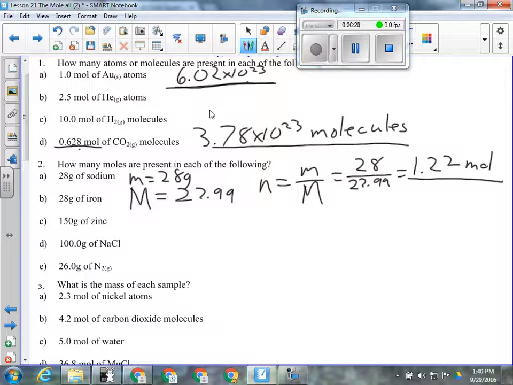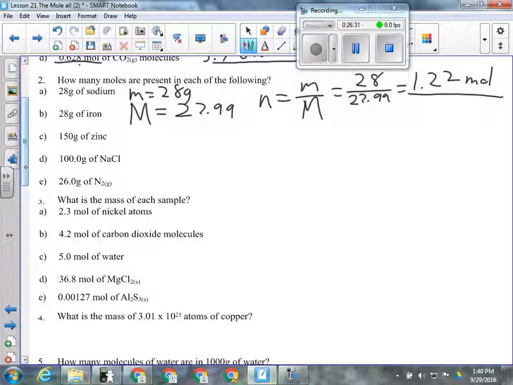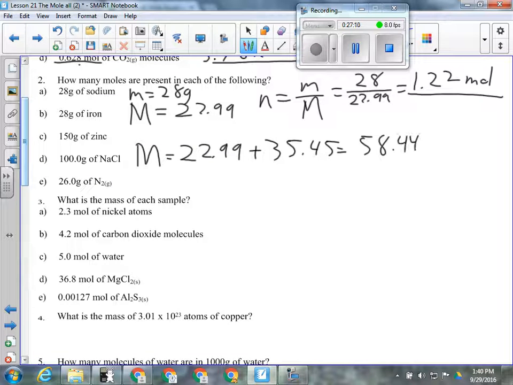All right, let's look at 2D. In number 2, I'm being asked to calculate the number of moles, which is N. They're telling me the mass and they're telling me the materials. So they're giving me little m and the ability to get big M. First thing I want to write down, what's big M? Sodium is 22.99. And what do I do next? If I want to calculate the molar mass of sodium chloride, I take the mass of sodium and add it to the mass of chlorine. That should be 58.44 grams per mole.